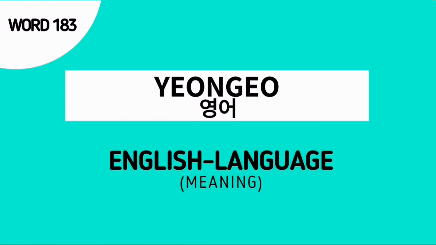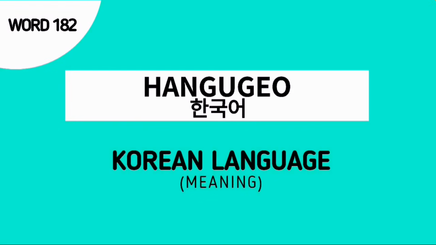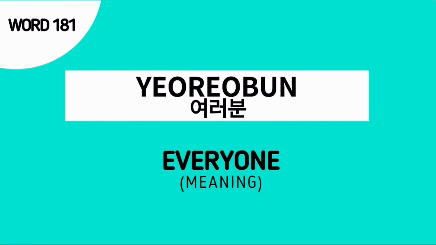Word number 183 is 영어, which pertains to the English language. Word number 182 is 한국어, and this pertains to the Korean language itself. Word number 181 is 여러분, which means everyone.